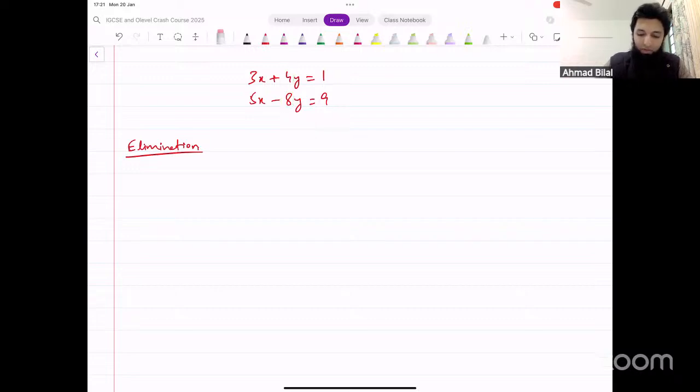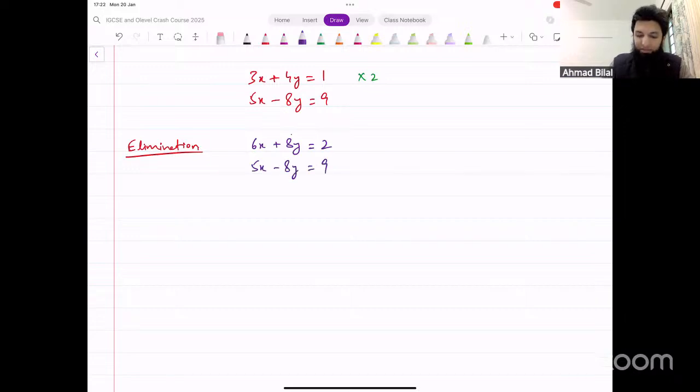So what I can do is multiply the first equation by 2. Now, when we do that, the first equation can be written like this: 6x plus 8y equal to 2. And the second equation is 5x minus 8y equal to 9.